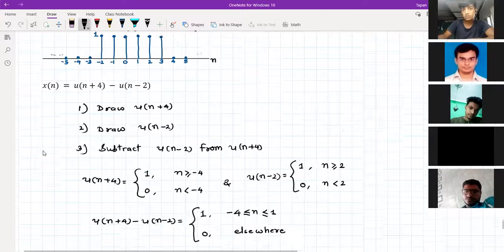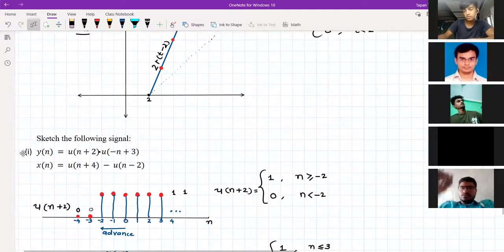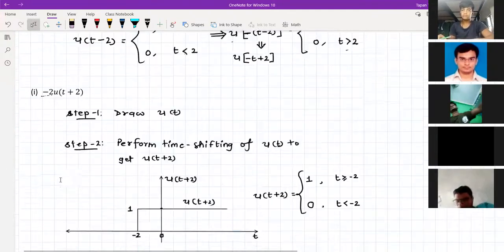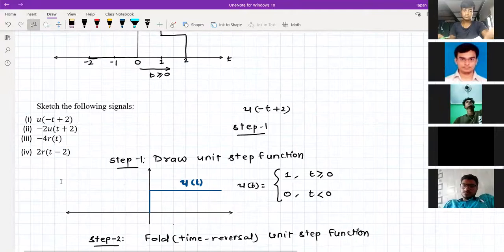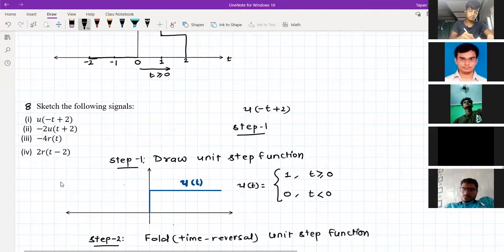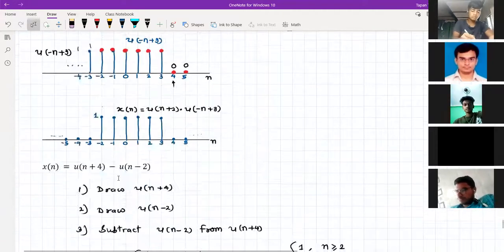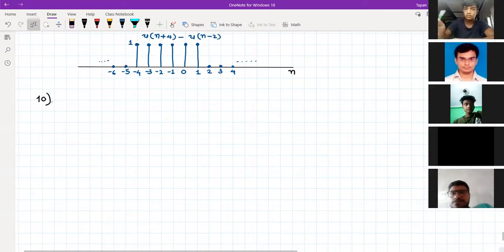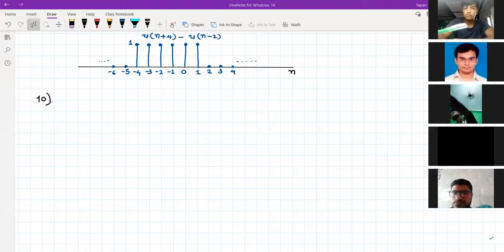If you recall, this was problem number 9. This was problem number 8. Right. So last one in this tutorial is problem number 10. The problem number 10 looks like this.